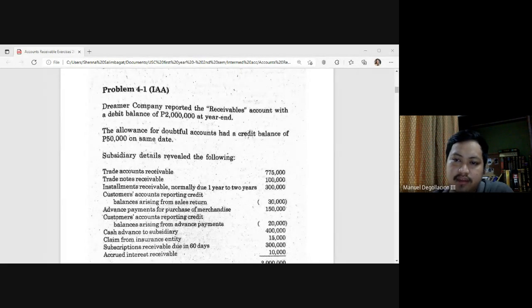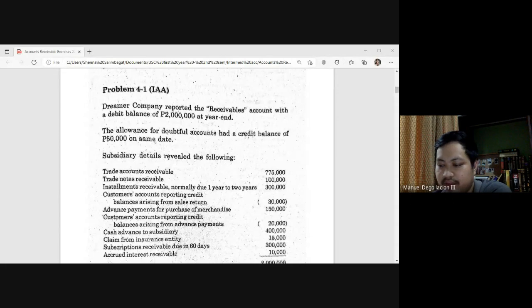Supposedly, the direct write-off method, class, is no longer allowed, but for some reason, textbooks would still discuss the direct write-off method. And because textbooks discuss it, you would still be able to encounter these problems, and that is why you're still expected to know it.